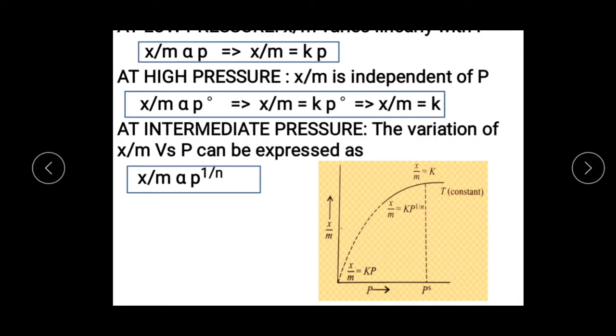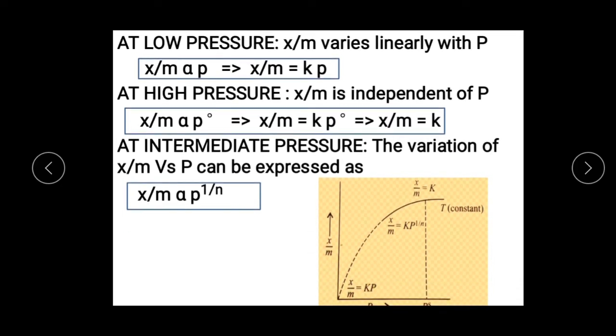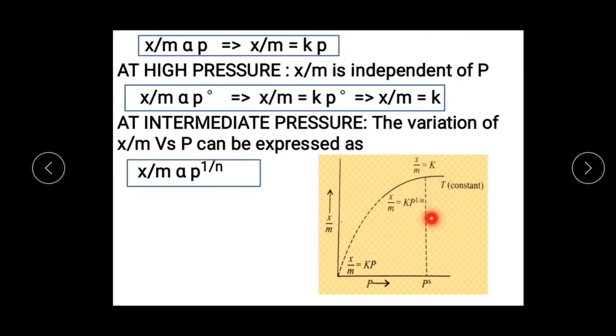If you look at this graph, at low pressure x by m is equal to k into p. At high pressure x by m becomes equal to k, and at intermediate pressure x by m is equal to k into p to the power 1 by n.